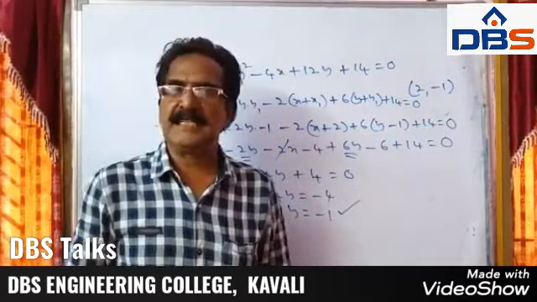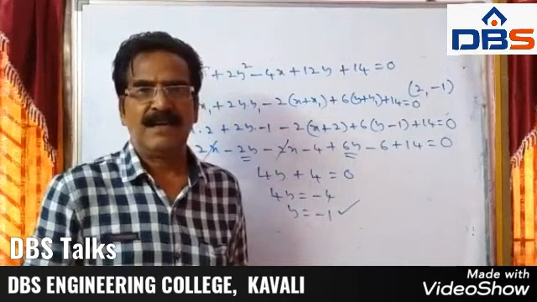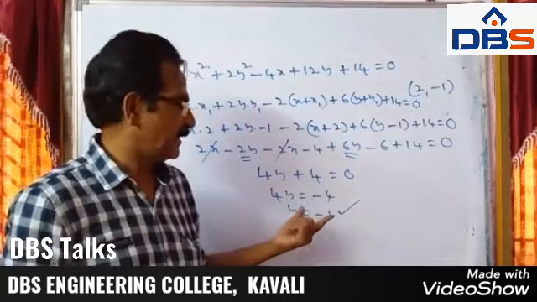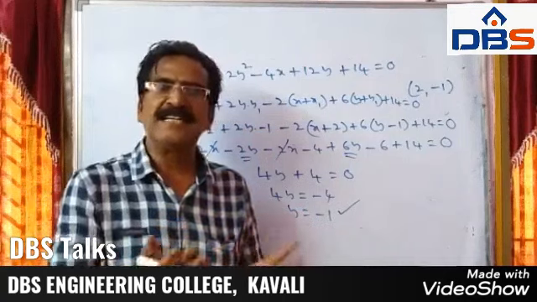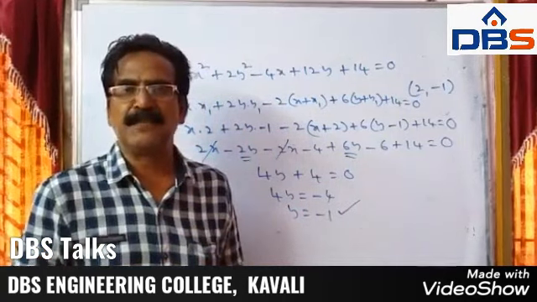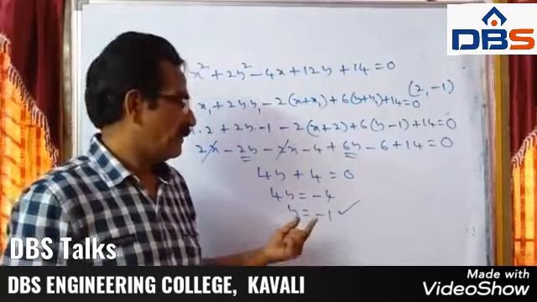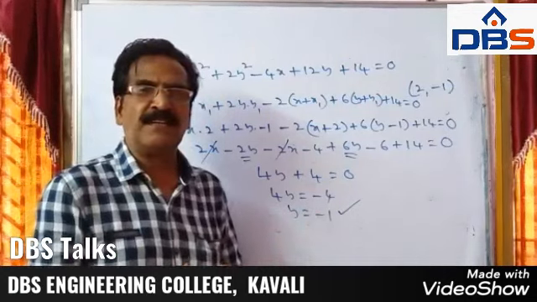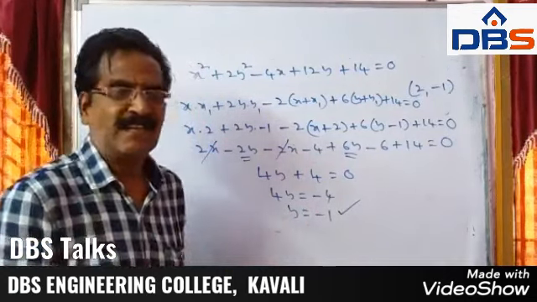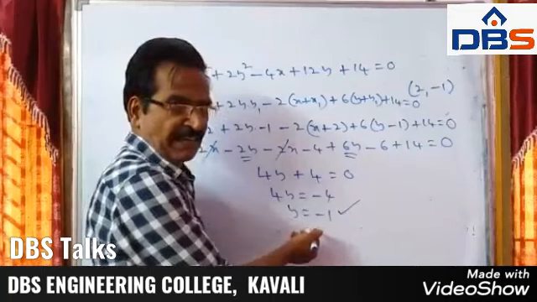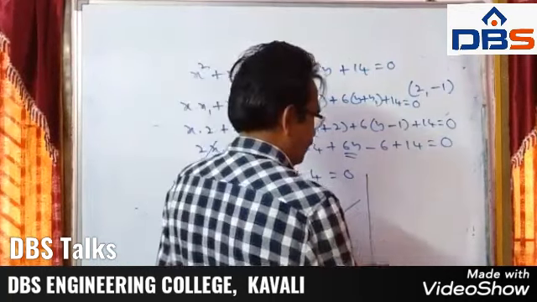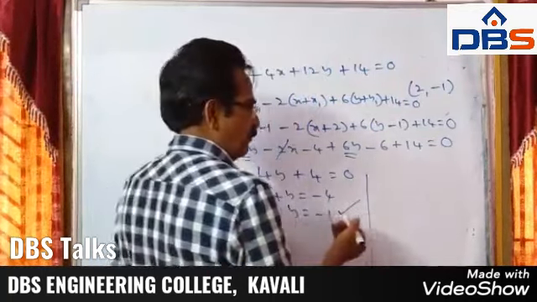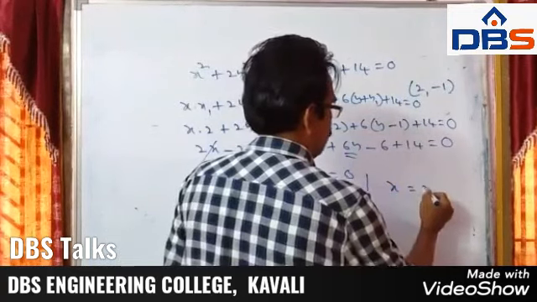Now the second thing is the normal. The normal is nothing but the line perpendicular to the tangent. Any line perpendicular to y is equal to y1 is x is equal to x1.